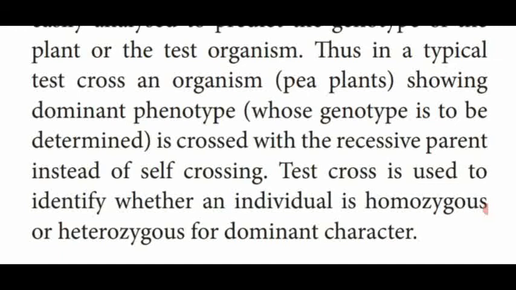But the F2, F3 generations show homozygous dwarf plants, that is recessive plants, and also give the homozygous tall plant as well as the heterozygous tall plant. That is the advantage of test cross.